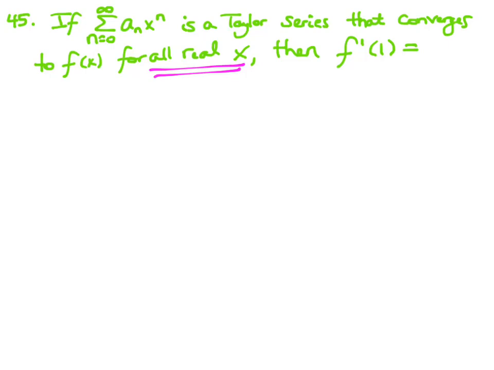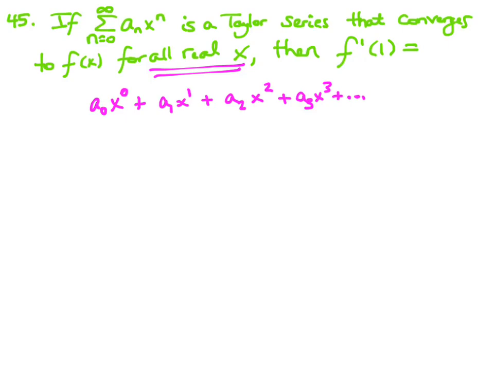Notice that n starts at 0, so if we generate some terms, we would have a sub 0, whatever that is, times x to the 0, plus a sub 1 times x to the 1, plus a sub 2 times x squared, plus a sub 3 times x cubed, and I think we get the idea, plus dot dot dot.